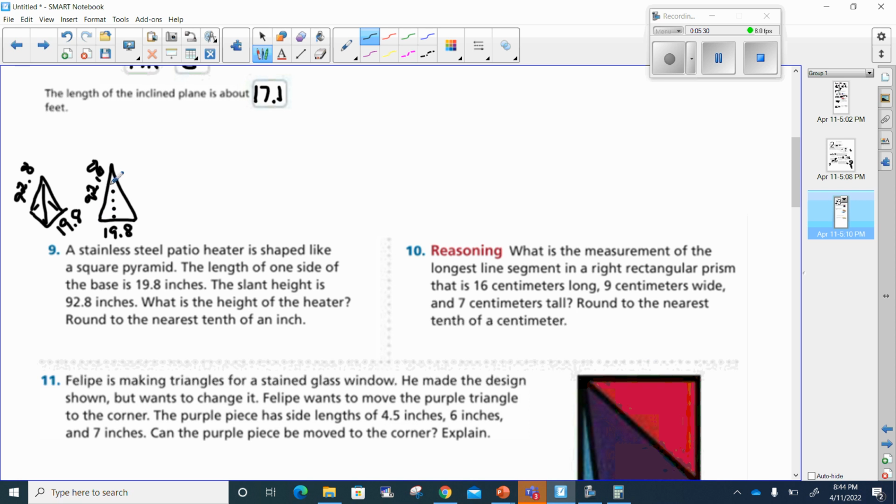Now this tells me I've got the hypotenuse and the base, because if the whole base is 19.8, then half of it has to be, oh, I'm sorry, half of 19.8 actually is going to be, well, let's do the math, 19.8 divided by 2, that's going to give us 9, because that's going to give us 18, and then it's going to give us 18 again, which will give us another 9, so 9.9, all right? So we know this is going to be 9.9.